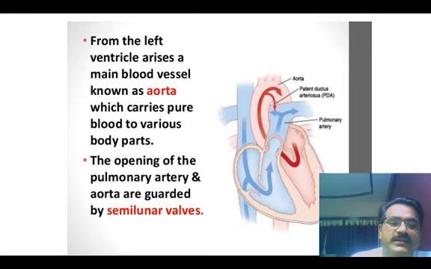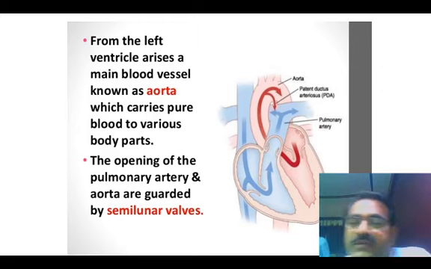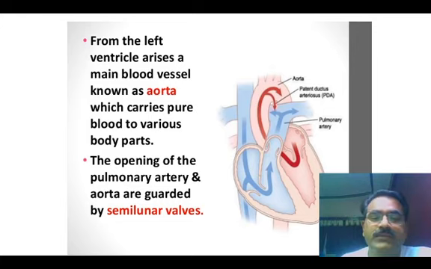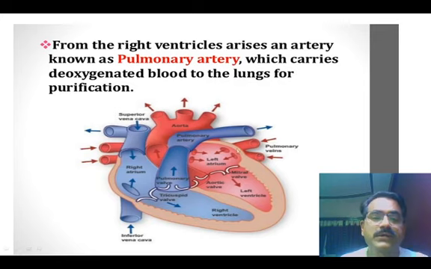Then the openings of the pulmonary artery and aorta are guarded by the semilunar valves.